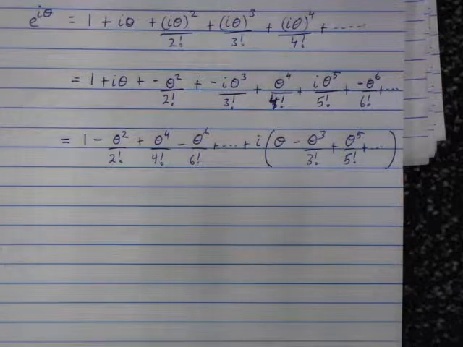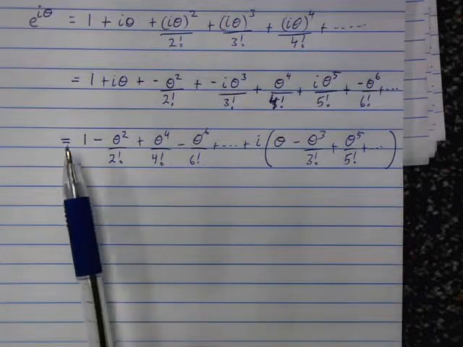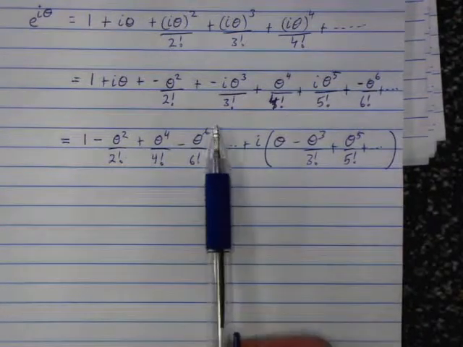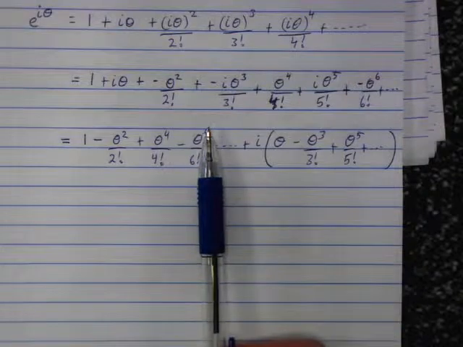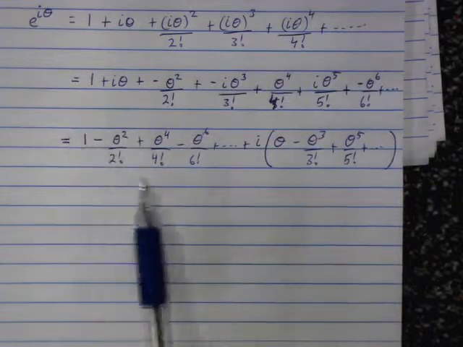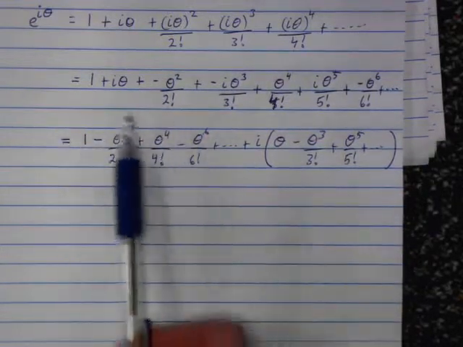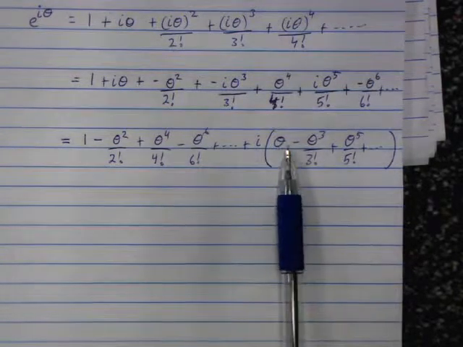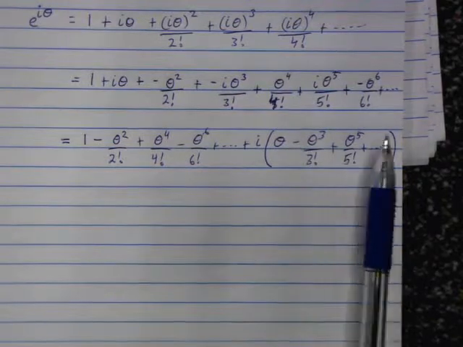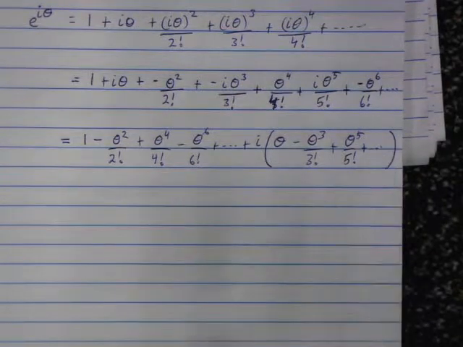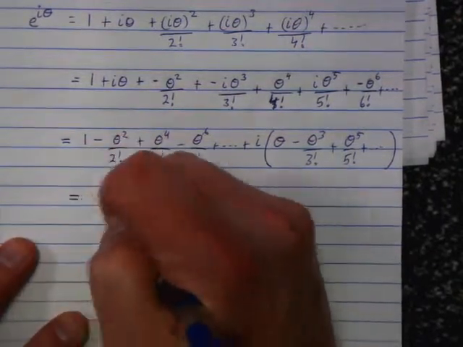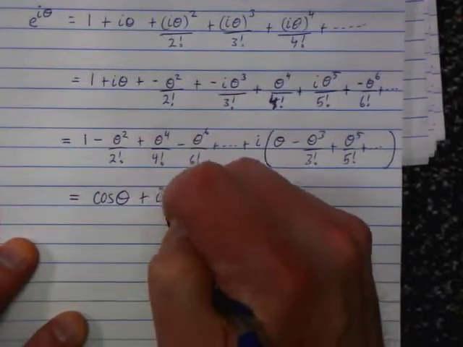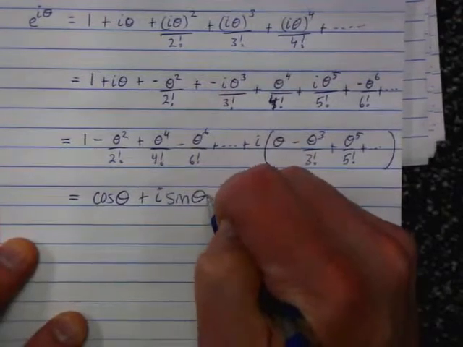All right, so does anybody remember the famous expansion that starts with 1 and then it has even powers but goes minus plus minus plus? Close. Cosine. This one happens to be the expansion for cosine. And the one that starts with the odd powers and goes minus plus minus plus, that's the expansion for sine. So this is cosine of theta plus i sine of theta.